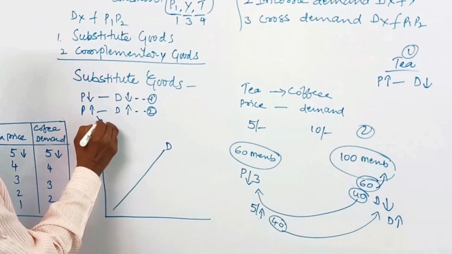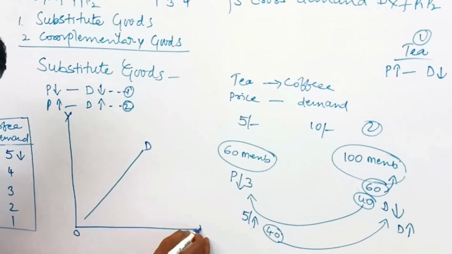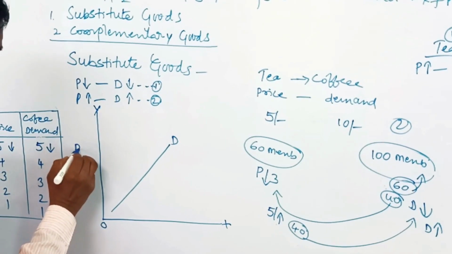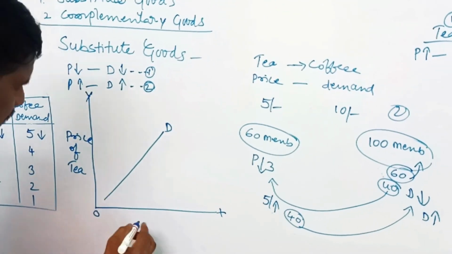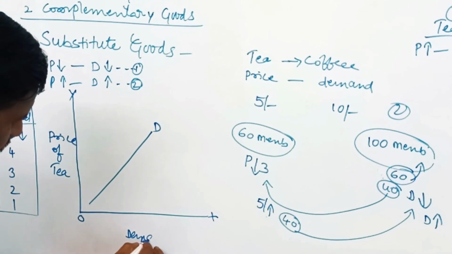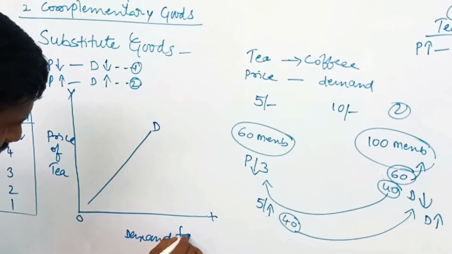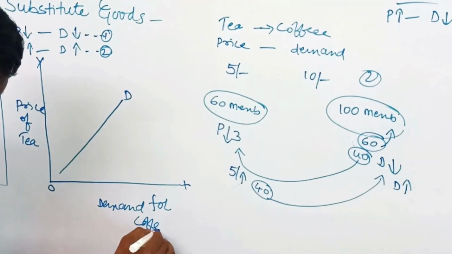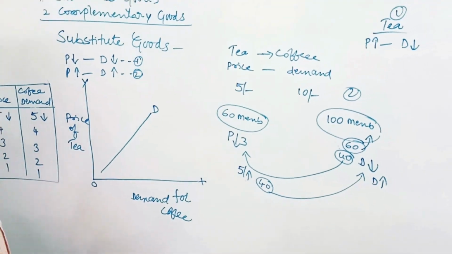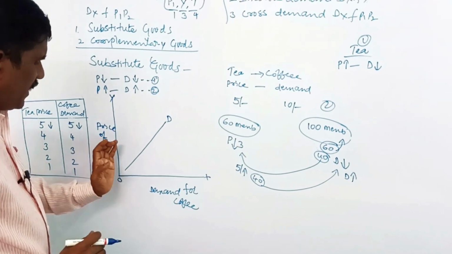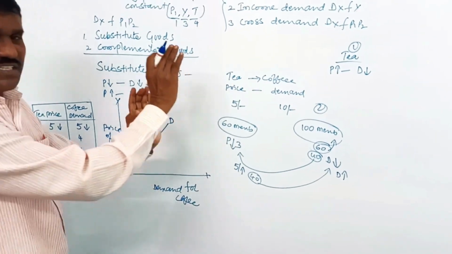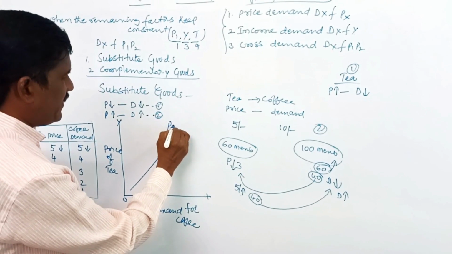Now here, y, 0, x: price of tea on one axis, demand for coffee on the other.